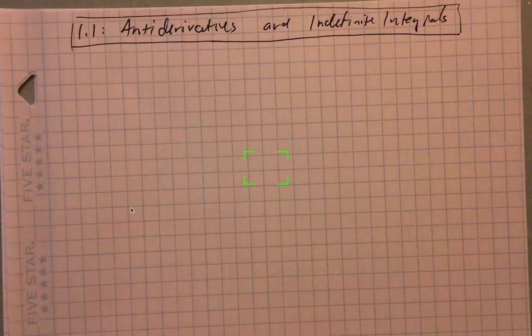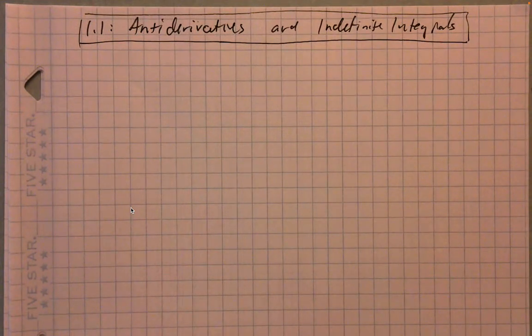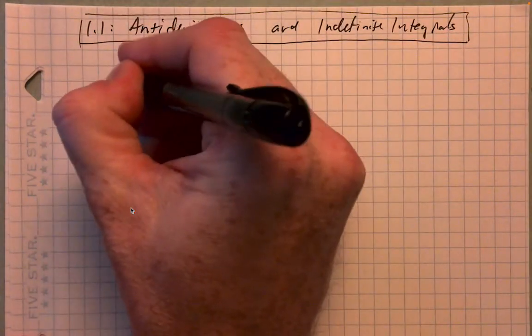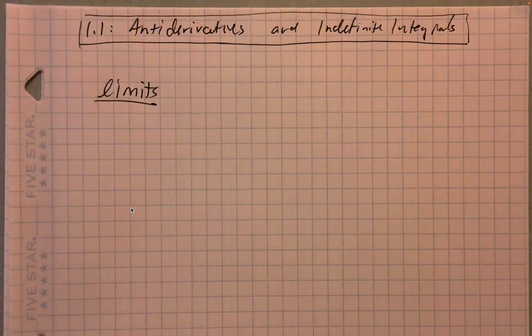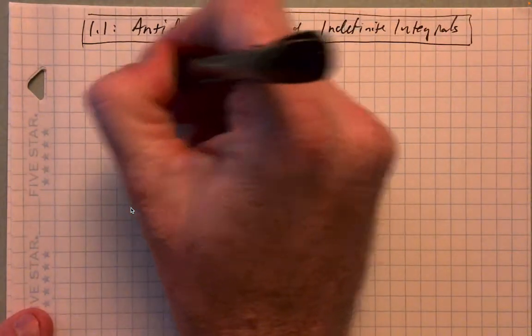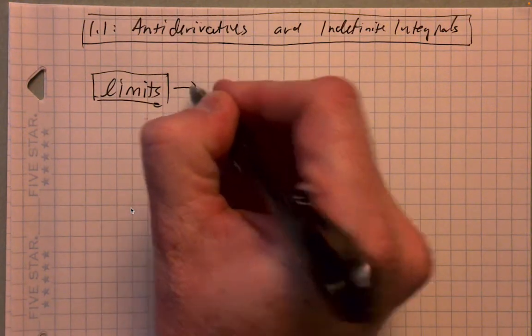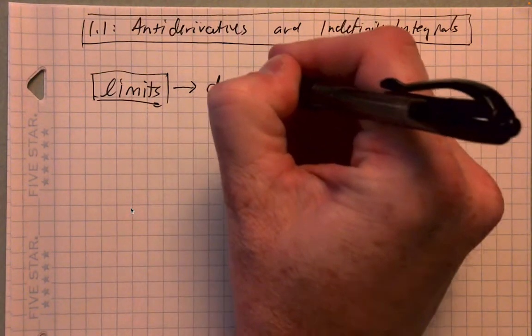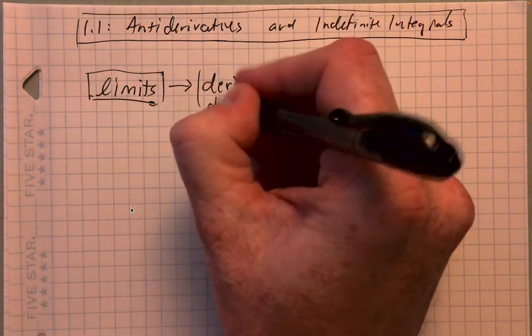Now, just a little bit of metadata on this. Calculus 1 starts out with the idea of limits. We start with limits in Calculus 1, and then we move from limits into derivatives and differentiation.